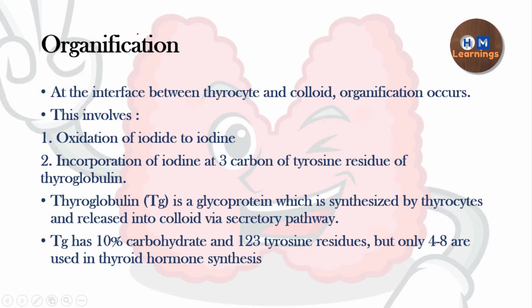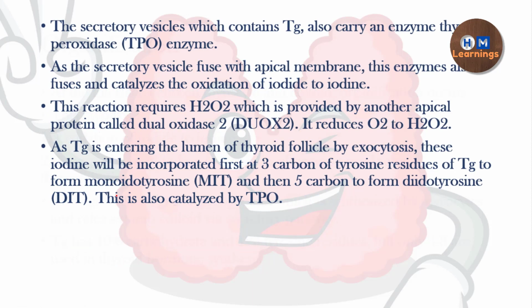Then there is organification, which occurs at the interface between the thyrocyte and the colloid. It involves the oxidation as well as the incorporation of the iodine at the third carbon of the tyrosine residue of thyroglobulin. This reaction is catalyzed by thyroid peroxidase in the presence of H2O2, and that H2O2 is provided by another apical protein called dual oxidase 2.